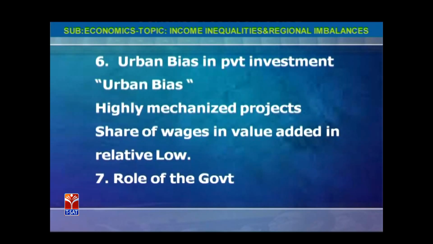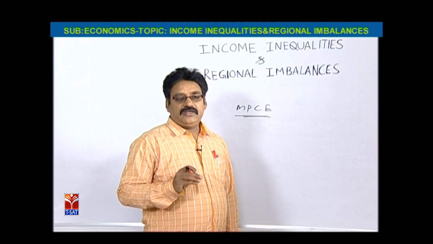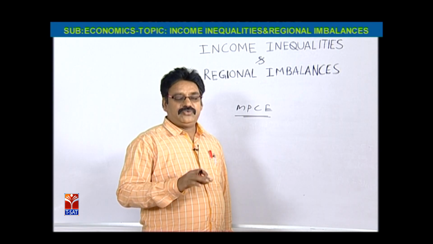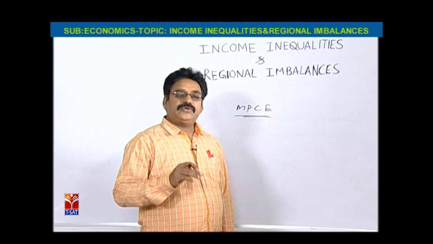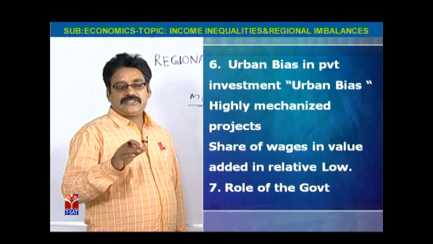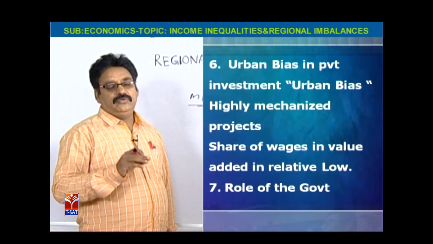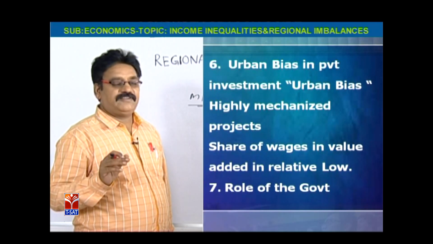Next, the seventh point, the role of the government. The role of the government also sometimes leads to income inequalities in India. Some areas are concentrated on by the government to develop infrastructure, and they spend huge amounts on the urban side to build infrastructure facilities.